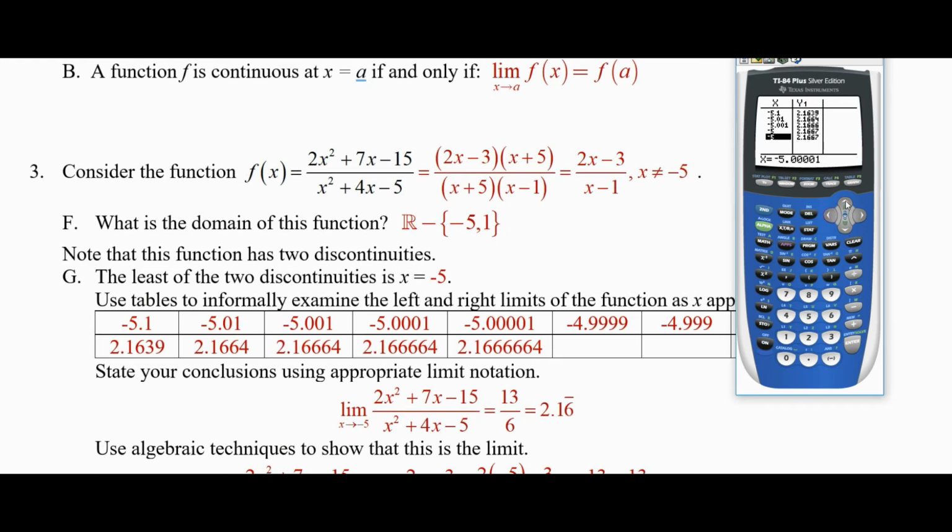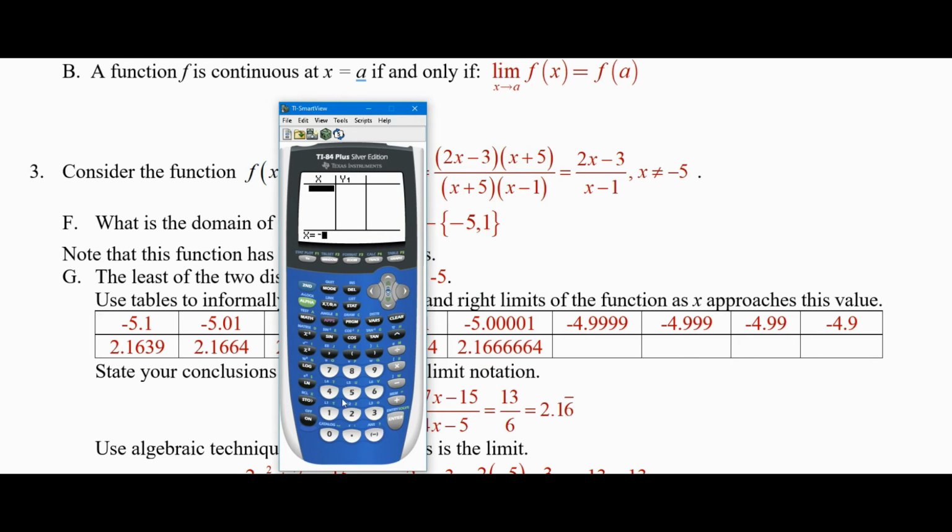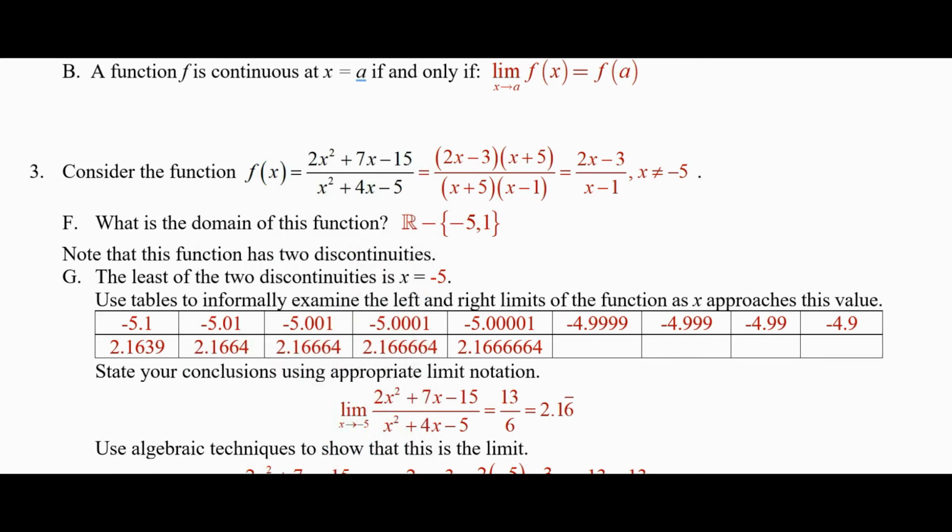Okay, so I'm going to go ahead and just delete those out, and I'm going to put in some of these others, working from the right side of the table. -4.9, -4.99, -4.999, and -4.9999. And if I write those down, this one was 2.1695.